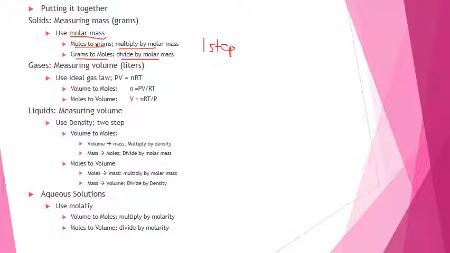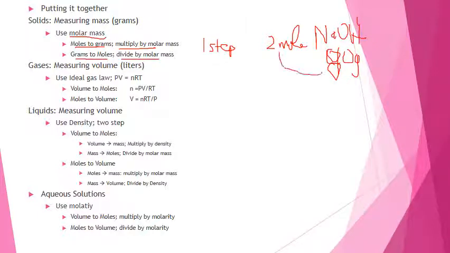Make sure you get the right units and understand what you're doing. You can use dimensional analysis, you can use ratios, but make sure you show your work. If I ask how many grams 2 moles of sodium hydroxide is, and you just write down 40 grams, well, I mean 80 grams, that's the right answer, but you didn't show me how you got it.